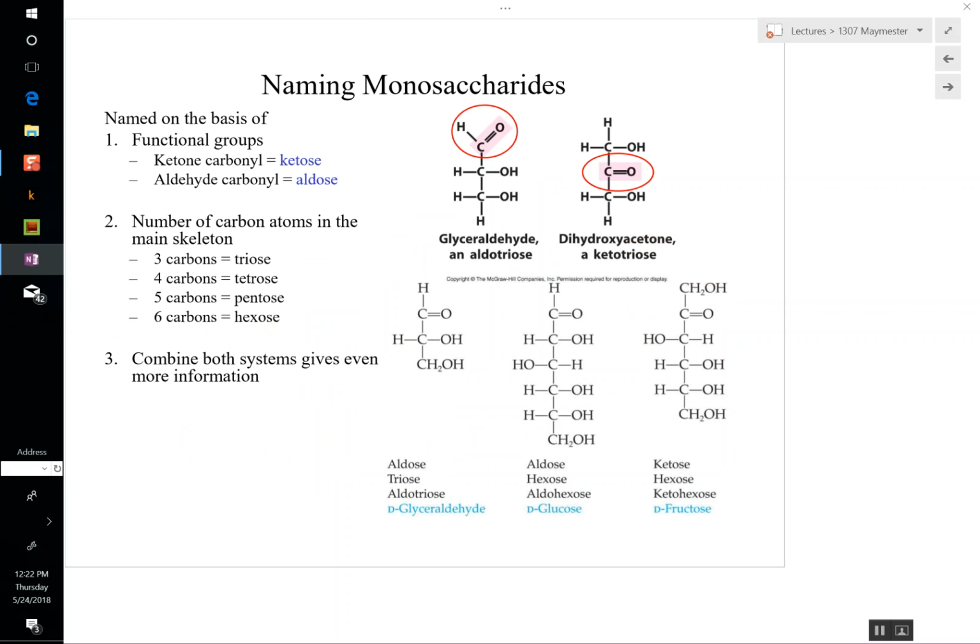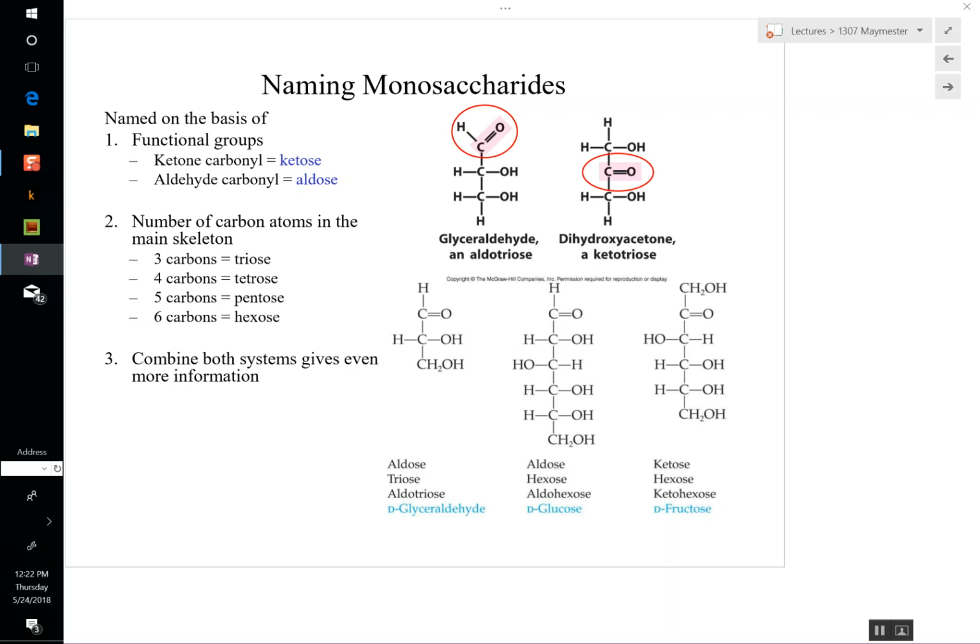Okay, naming monosaccharides. Like I said, what we're going to look at is how many carbons are in it, and where. There's going to be 1 carbonyl on every monosaccharide, just 1. And the rest is going to have OH groups.